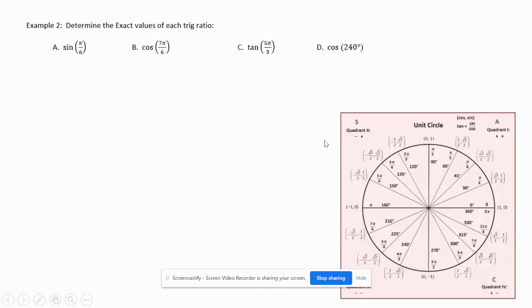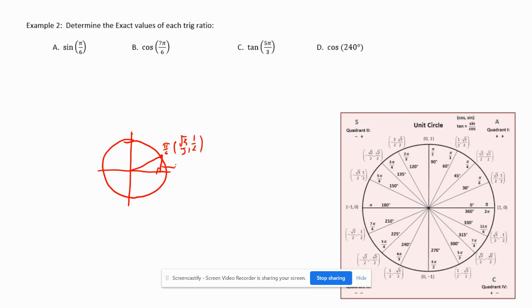All right. Determine the exact values of each trig ratio. What this means is, if we look at our unit circle, I'm just going to draw a quick one. Pi over 6 is this guy here. And really what we're doing is we've made this into a triangle, where the coordinates are root 3 over 2, comma 1/2.